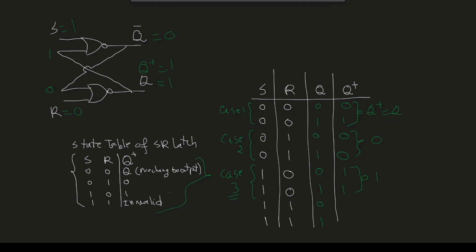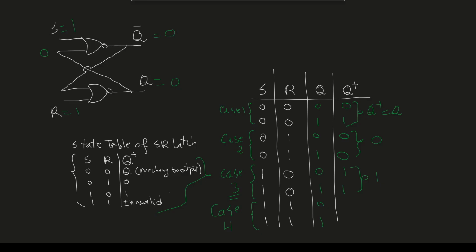So let's see the last case, the invalid case. Let's call it case 4, where both S is 1 and R is 1. So S is 1 and R is 1. And let's start by the first subcase where Q is 0. Let's see what happens. So when Q is 0, 0 will come here. 1 NORed with 0 for the top NOR gate, so Q bar will be equal to 0.